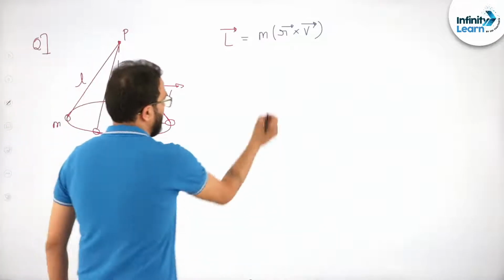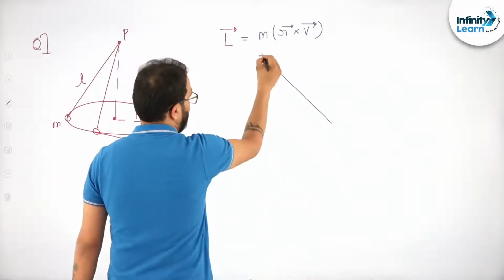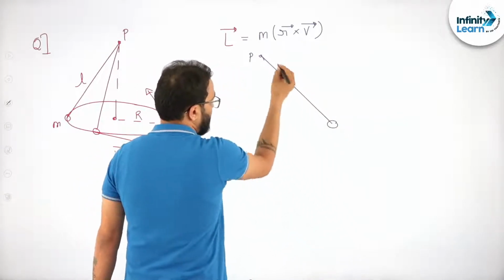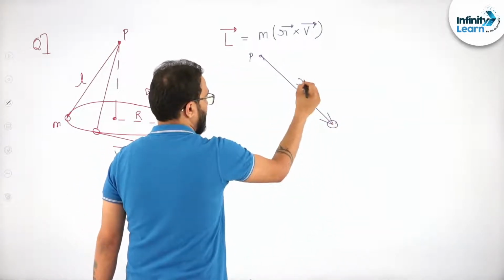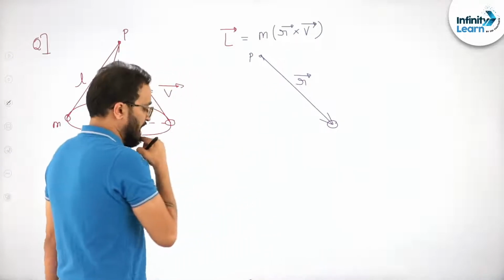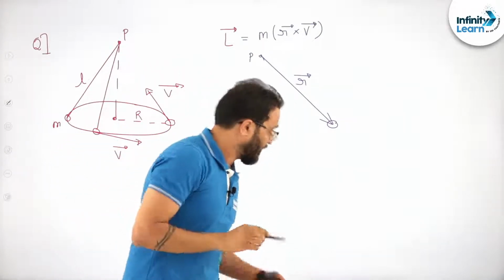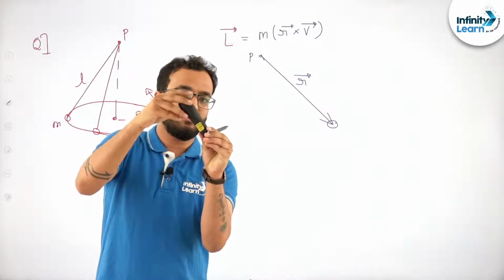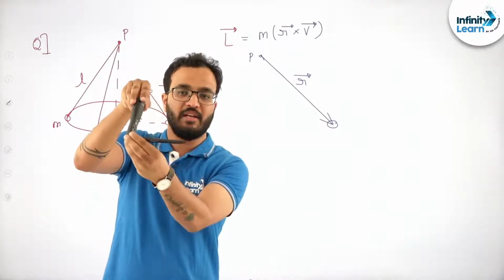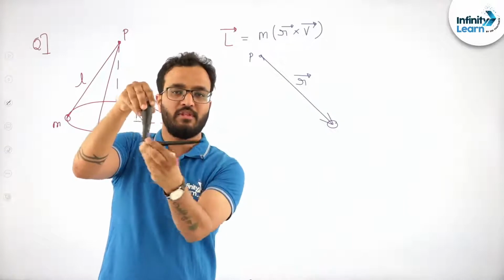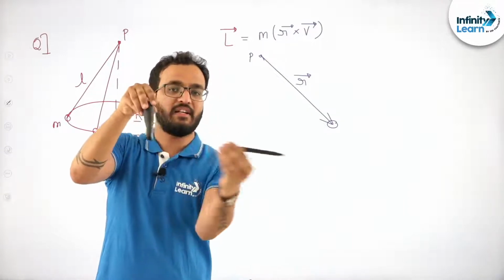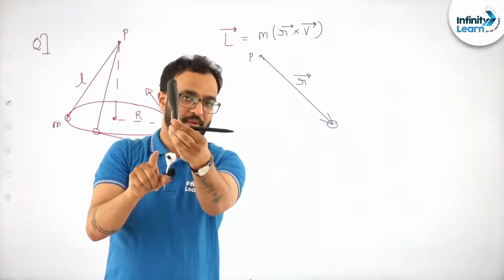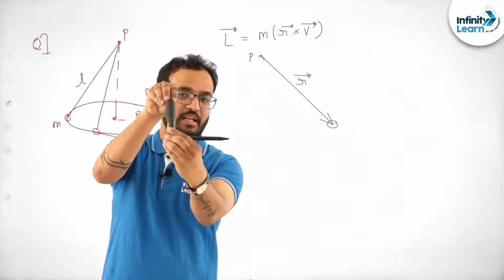In this particular case, if this is the point P, this is your vector r, and can you imagine that vector v will be perpendicular to it? It's a conical pendulum, right? So vector r and vector v are already perpendicular to each other. Like this it is rotating.